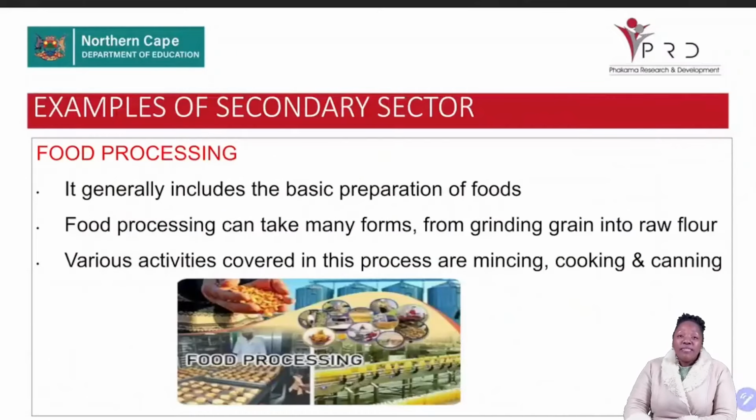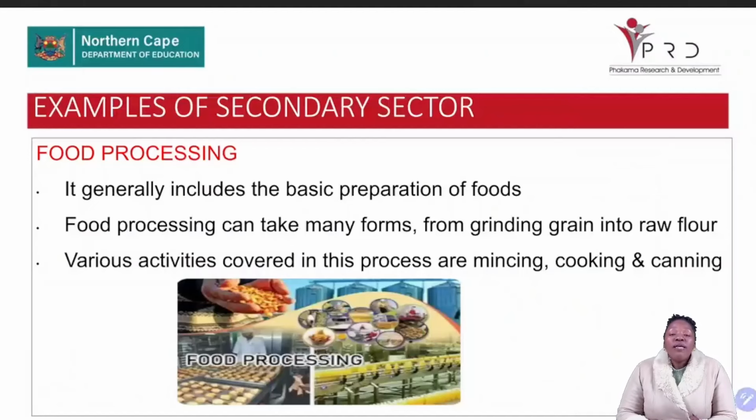So example number 3, we have food processing. Again, we've got industries that are dealing with food processing. In food processing, they will start with the cooking, and after that, they do the canning. So this cooked food will be put into cans, as we are saying, it's food canning.